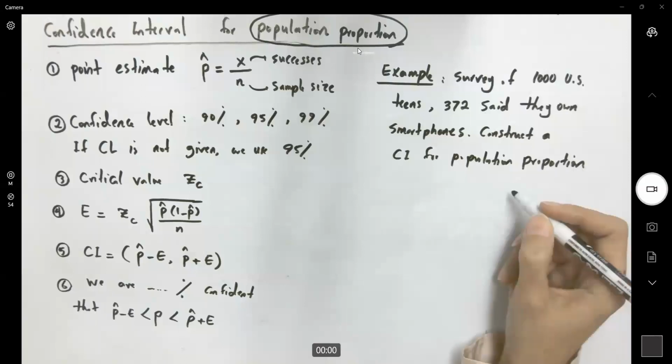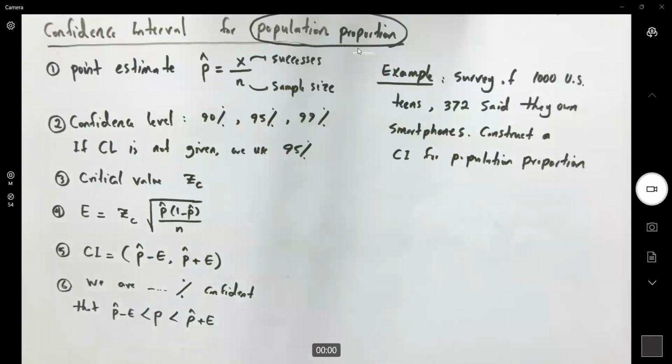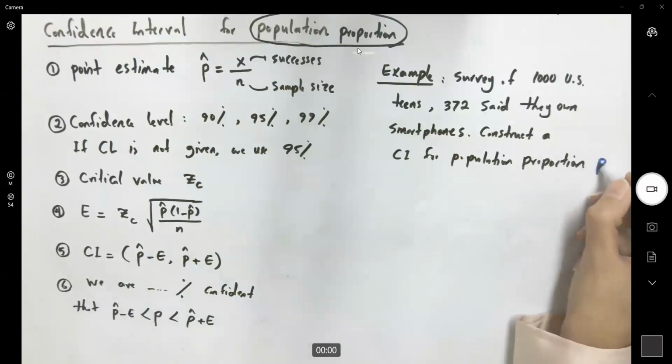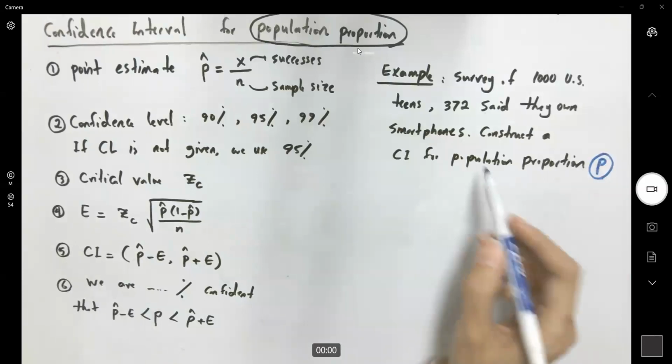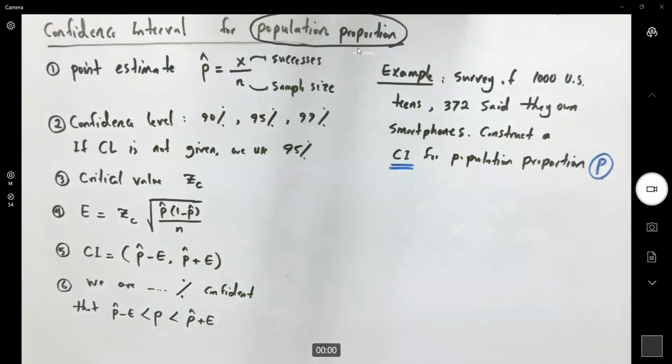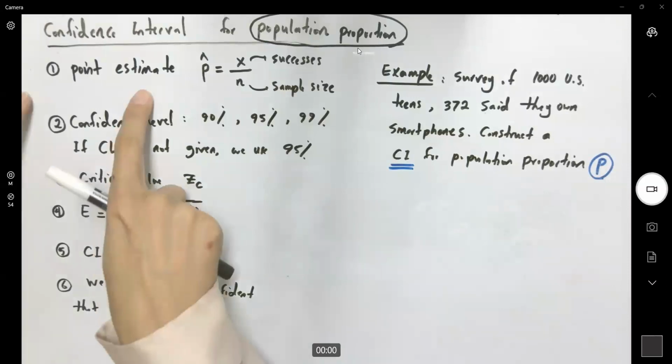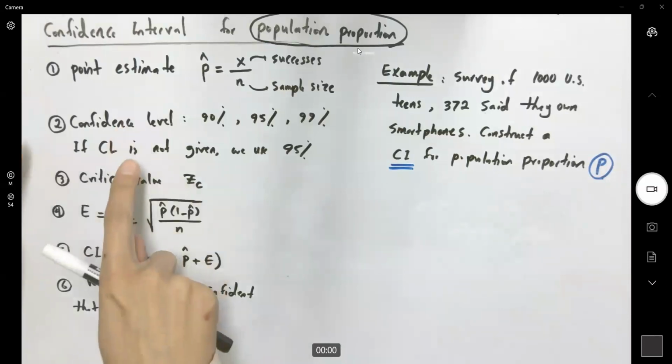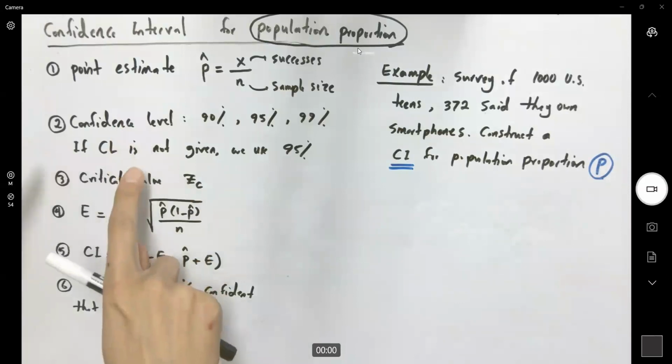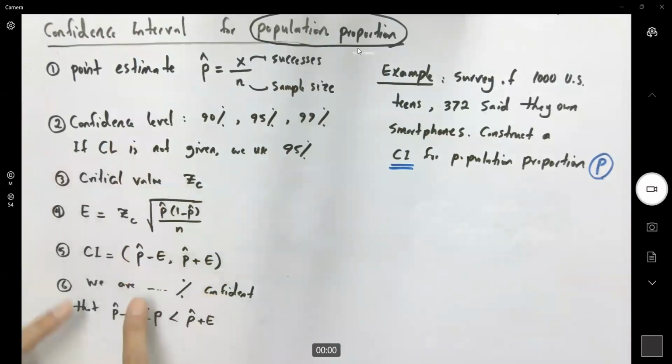What is population proportion? It is denoted by P. This is my population proportion. My goal is to construct the confidence interval for population proportion. We go step by step and try to form the confidence interval.